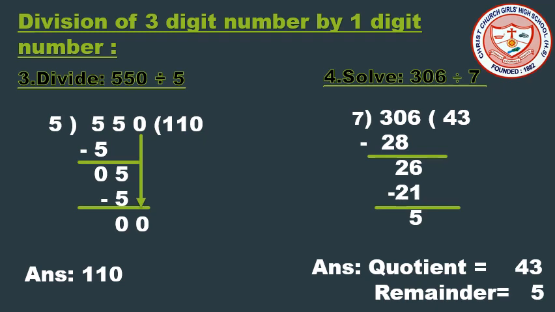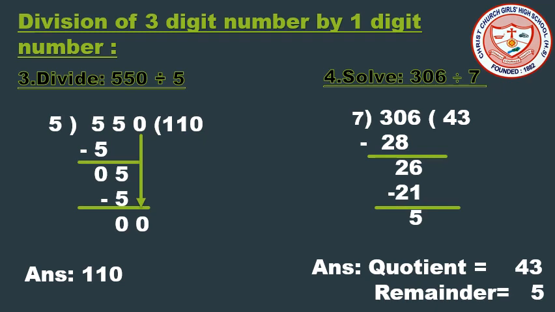We know 7 fours are 28 and 7 fives are 35. 35 is bigger than 30, so we cannot take that. So we have to take 7 fours are 28. Now we are going to write 4 in the quotient and 28 below 30.